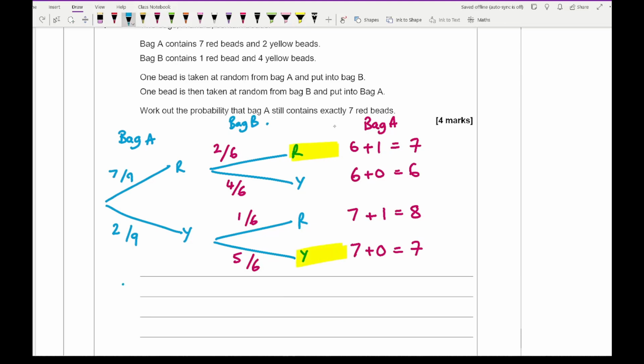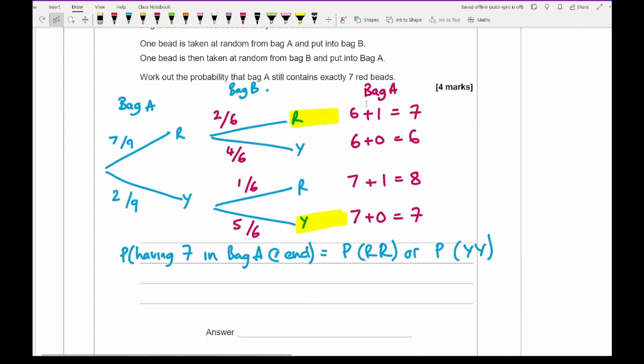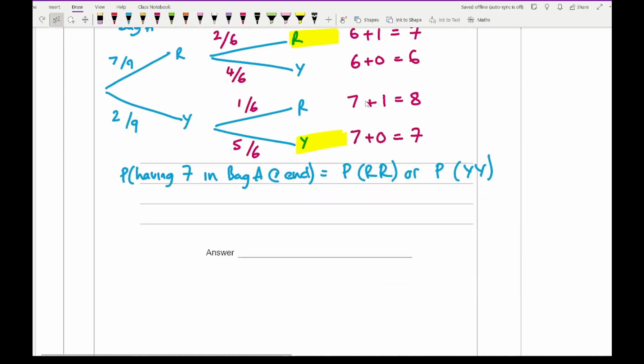So the possible outcomes are going to be either this one here or this one here. So the probability of having 7 in bag A at the end is going to be if I pick a red and a red, or a yellow and a yellow. So then working out these 2 probabilities, I'm going to have 7 over 9 times 2 over 6, plus, and then yellow is 2 over 9 times 5 over 6.